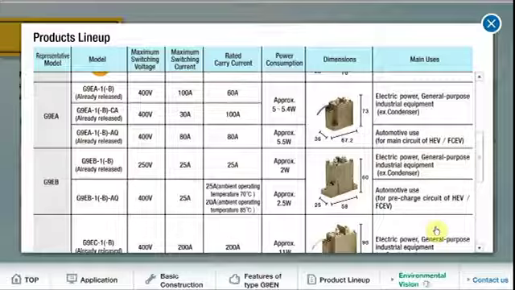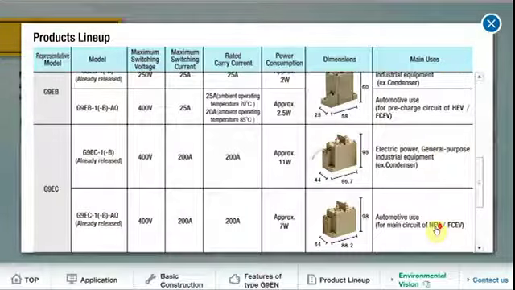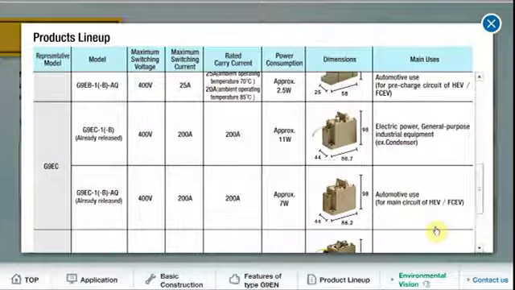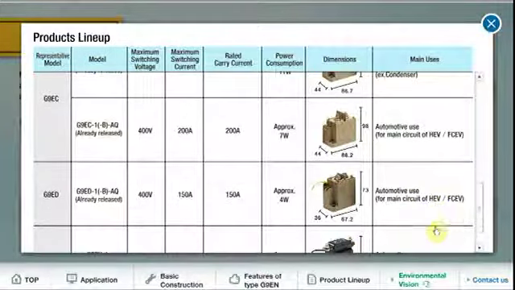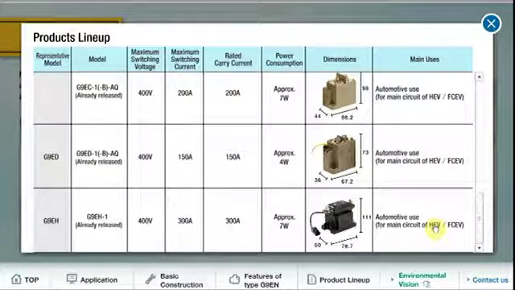G9EB, which is our pre-charge relay, 25 amps. G9EC, 200 amps. It's one of the most common ones used. G9ED, mainly used in automotive. G9EH, 200 amps. So that covers all our relays.